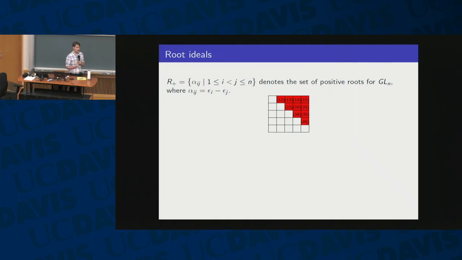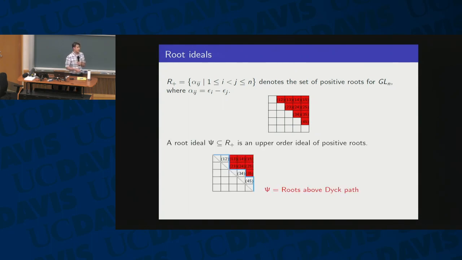Okay, so just a little bit of recap. A lot of this is review from Jonah's talk, but I guess it was an hour ago for some of this material, so maybe it's good to see it again. Combinatorially, we're going to work with the positive roots of GL_n, which are labeled by a pair ij with i less than j. And we take these pictures where we put, using matrix style coordinates, the labels in this grid, and this is really just a helpful visual way to talk about root ideals, right?